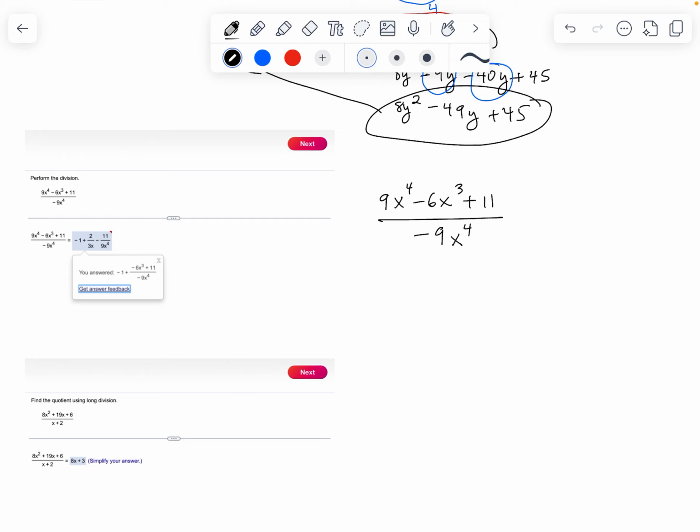In other words, they say you gotta break it down as 9x to the fourth over negative 9x to the fourth plus negative 6x to the third over negative 9x to the fourth plus 11 over negative 9x to the fourth.